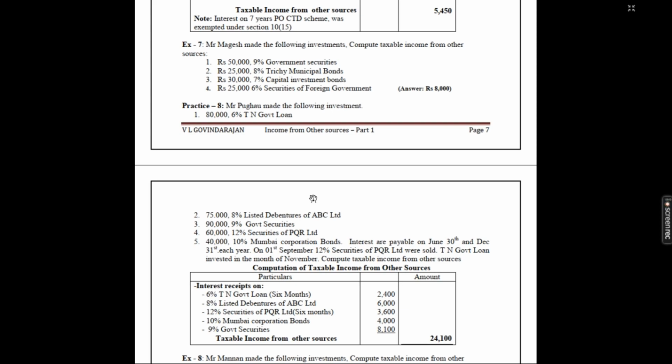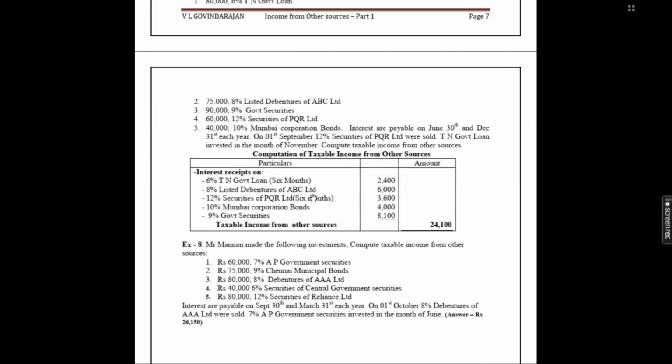And 8% listed debentures of ABC Limited, 75,000 at 8%, 6,000. And 9% government securities, interest will be 8,100.